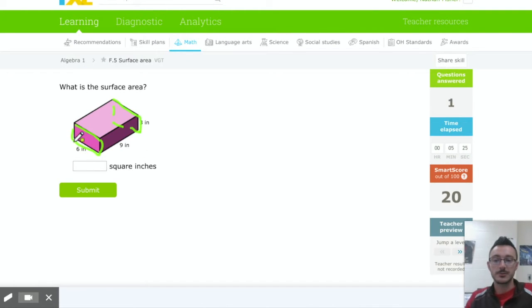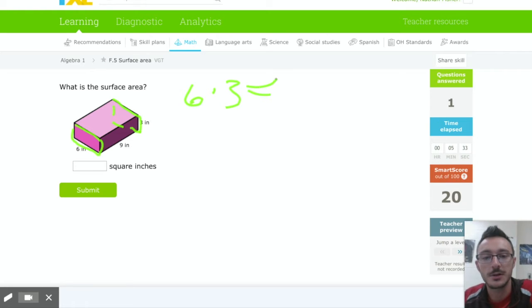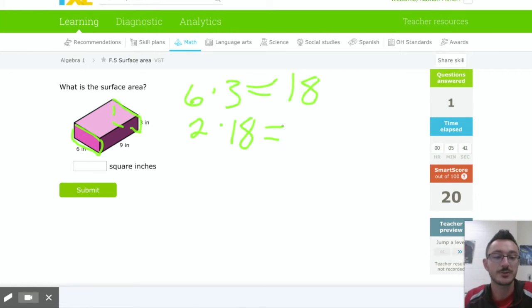It looks like this one is 6 wide and 3 up. So if I do 6 times 3, I'm going to get 18. And if I have 2 of those sides, 2 times 18 is 36. So we got those covered.